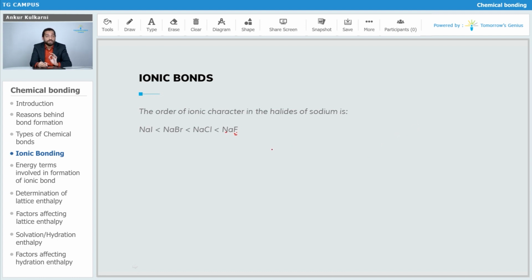So, the bond strength will also decrease with the same cation. So if we consider fluorine, chlorine, bromine and iodine with sodium, then the bond strength of sodium fluoride will be higher, then comes sodium chloride, then sodium bromide, and then your sodium iodide, which is at the bottom of group 17.